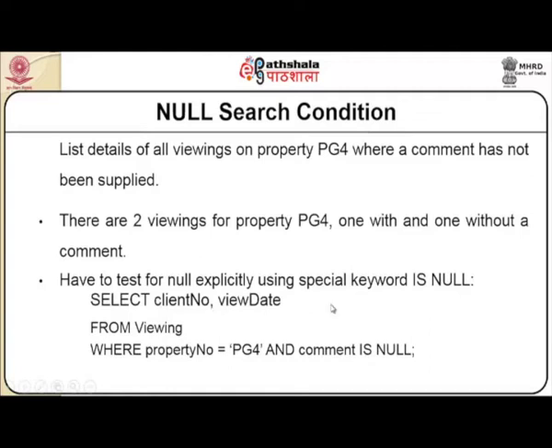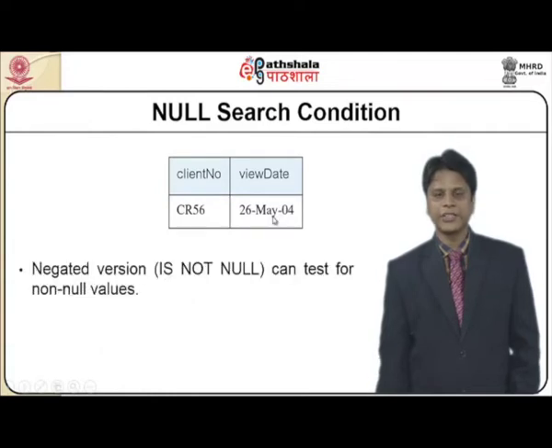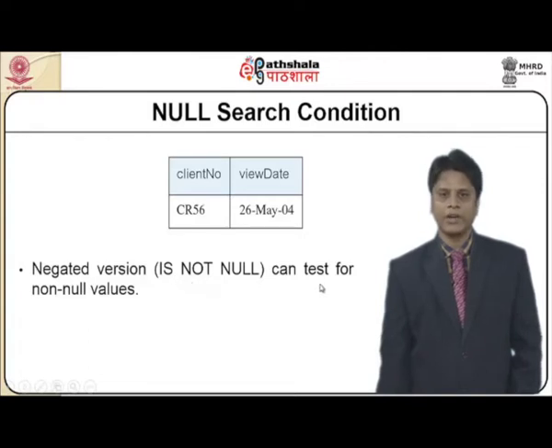Say select client number, view date from viewing, as a with-null table and a without-null table. So again a condition needs to be included. Client number and view date have been mentioned. As a negated condition, we introduce NOT into it: IS NOT NULL can test for non-null values.